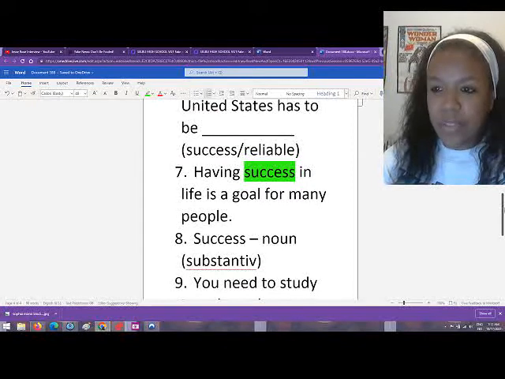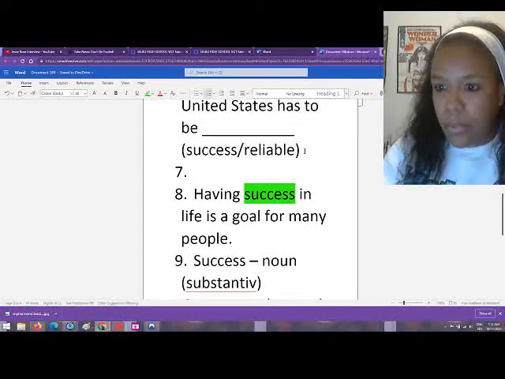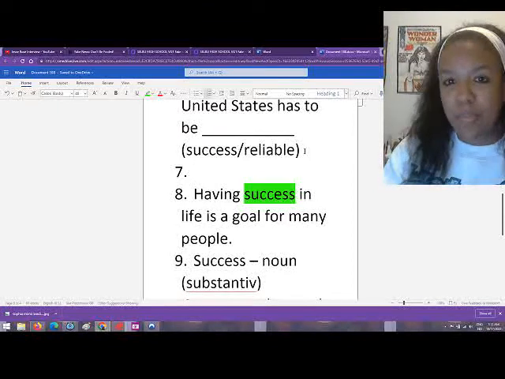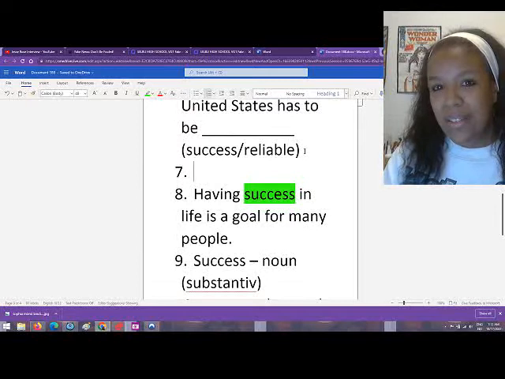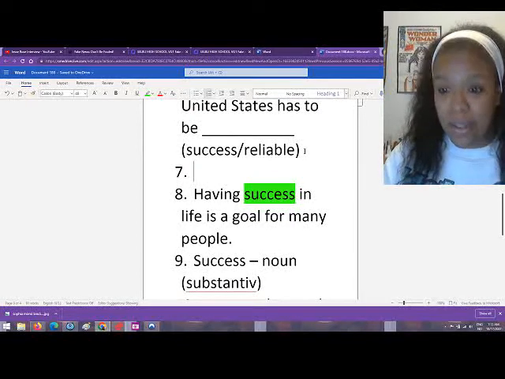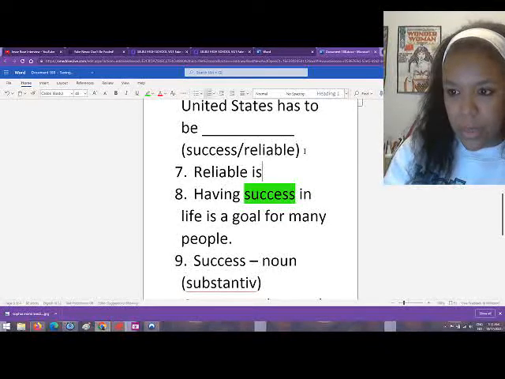you also have the word reliable. And those of you who have been playing a lot of match, test, and learn and all of those tests on Quizlet, you will remember that the word reliable is this word in Norwegian.